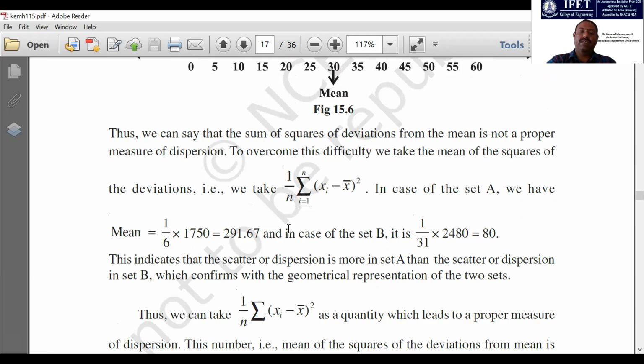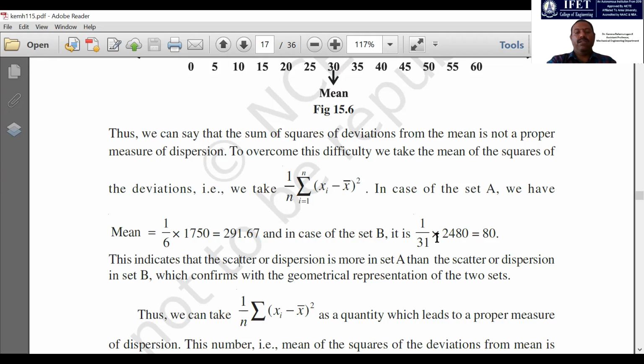Now 1 by n, this is the formula, right? Here n is 6, the number of observations for A. Now you get 291.67. So this is the mean of the square of deviations. Remember, this value 291.67 is the mean of the square of deviations.